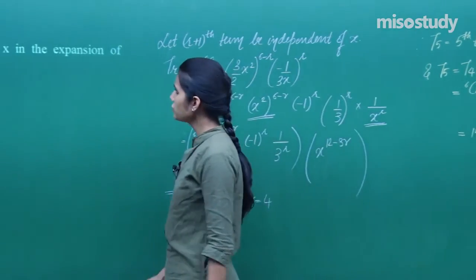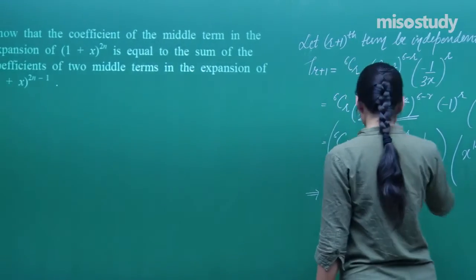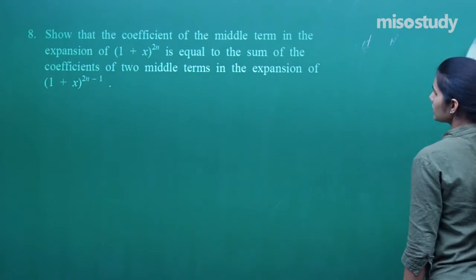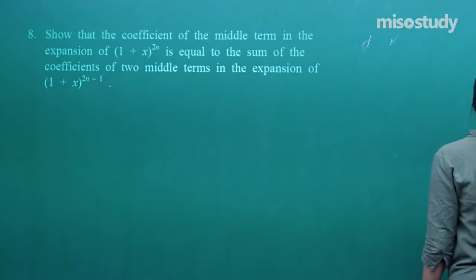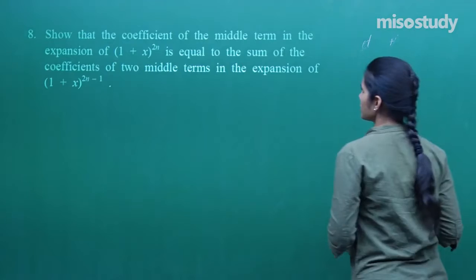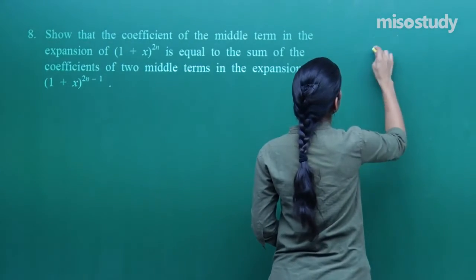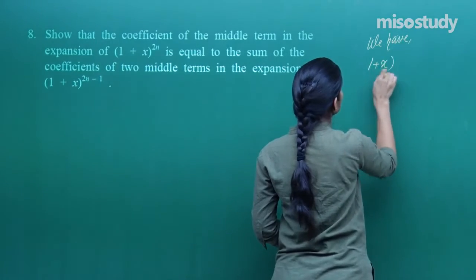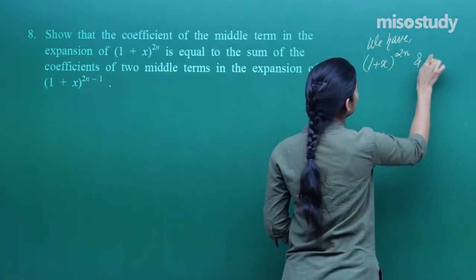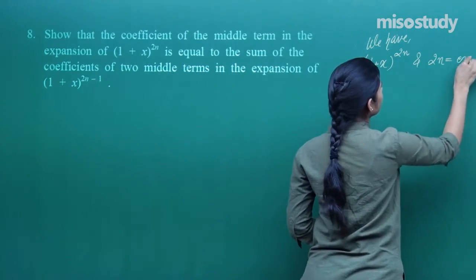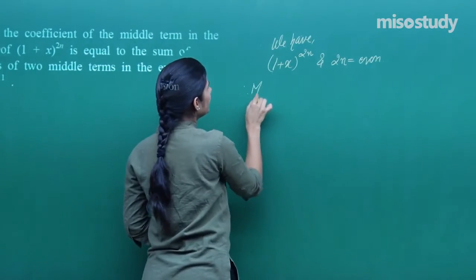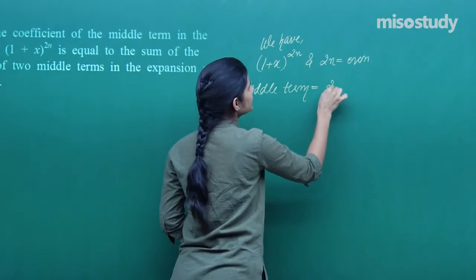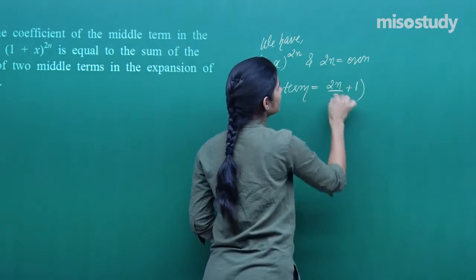Okay. Next question we have: show that the coefficient of the middle term in this expansion is equal to the sum of the coefficients of the two middle terms in the other expansion. If I talk about the first expansion, I have 1 plus x whole to the power 2n, and 2n is even. Therefore, over here if I talk about the middle term, it is the 2n by 2 plus 1th term.